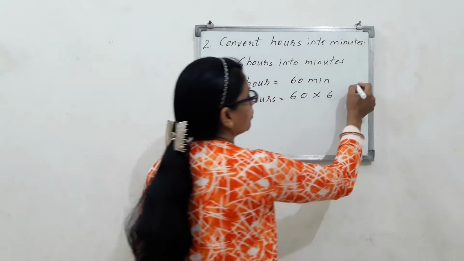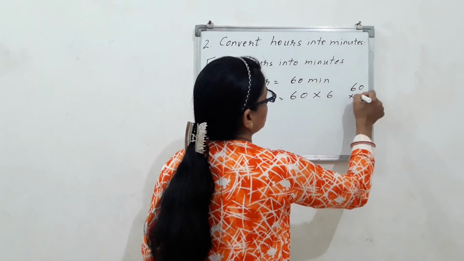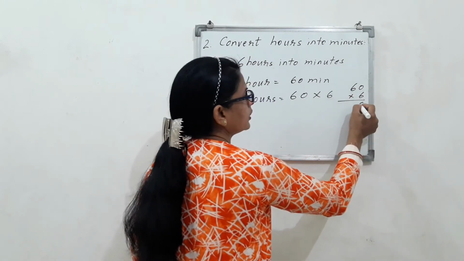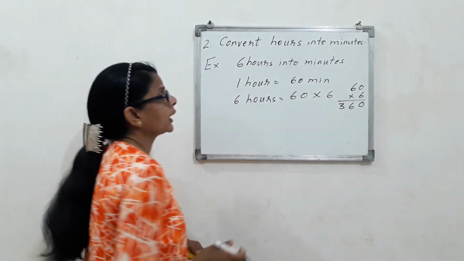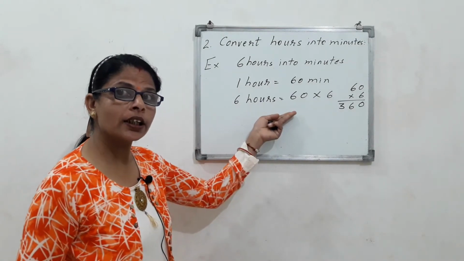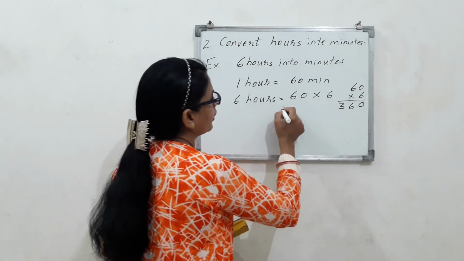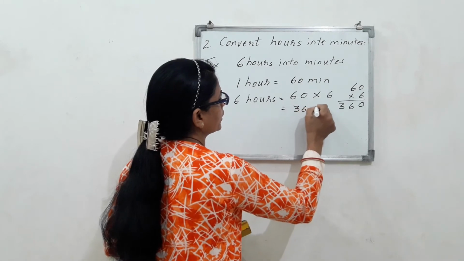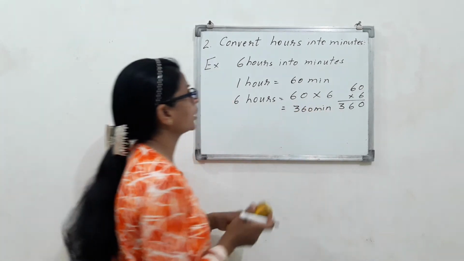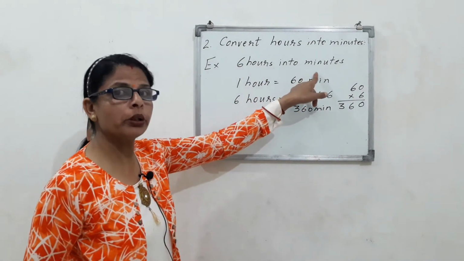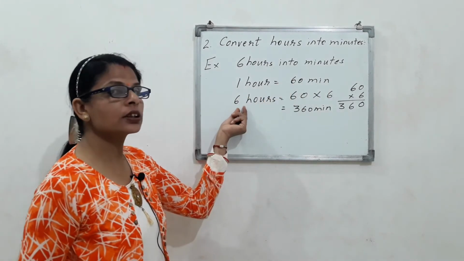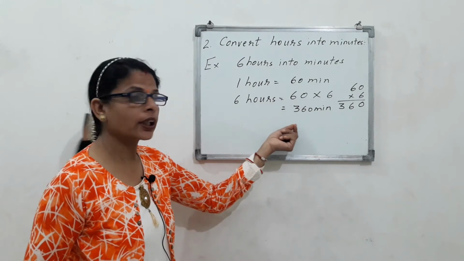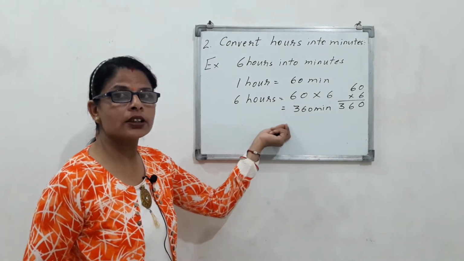Now we'll do the multiplication by 6. 6 zeros are 0. 6 6s are 36. So in 6 hours, there are 360 minutes. We have converted the hours into minutes. 1 hour is equal to 60 minutes. So 6 hours is equal to 60 multiplied by 6 and we'll get 360 minutes.